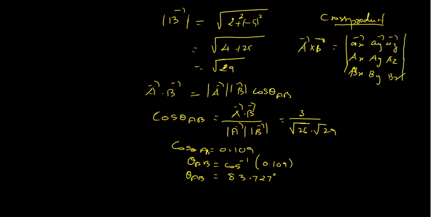Okay, fine. Now here you have to write AY, BZ. Then instead of AX you put these values 3, 4, 1 and 0, 2, minus 5.